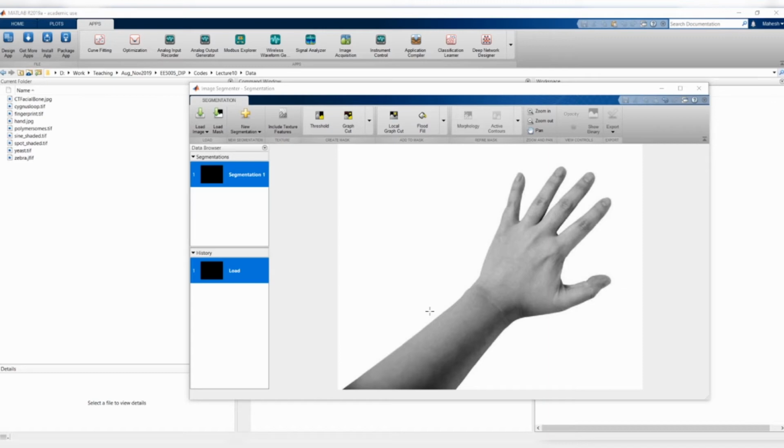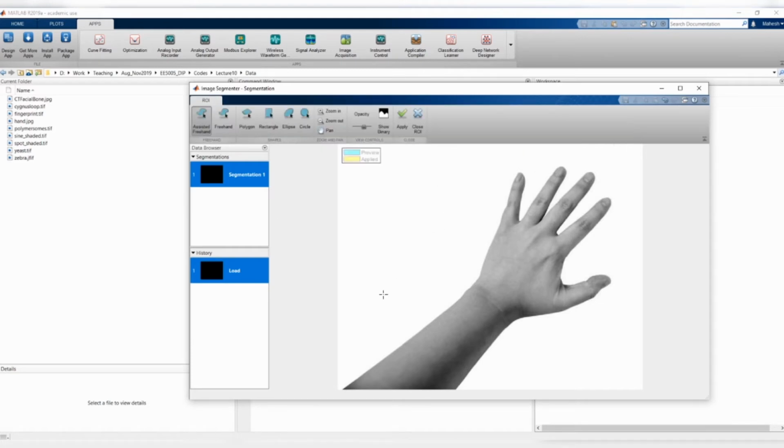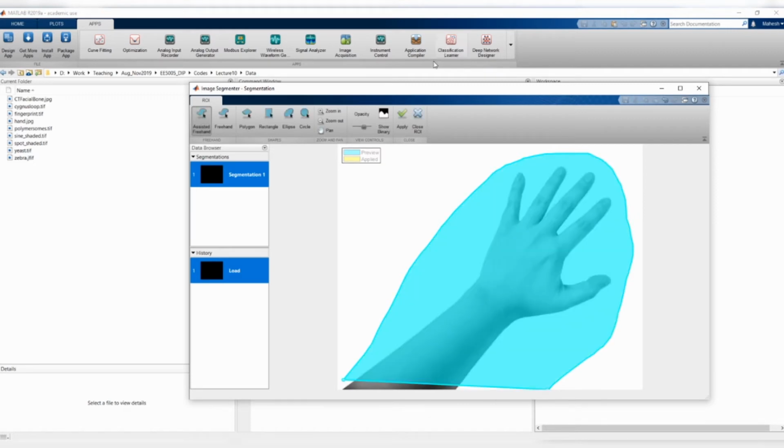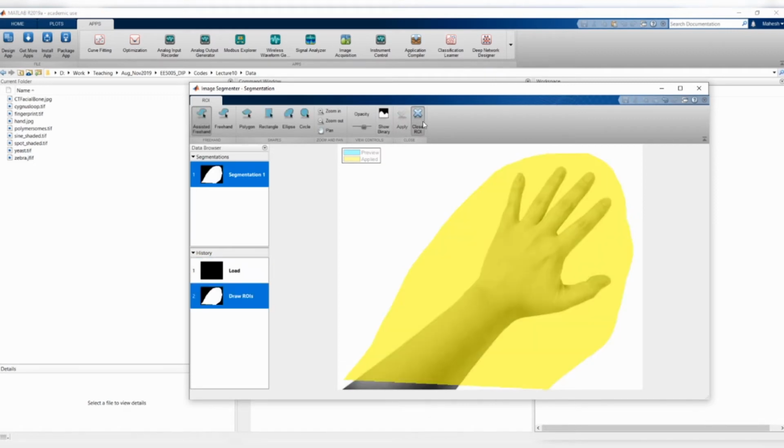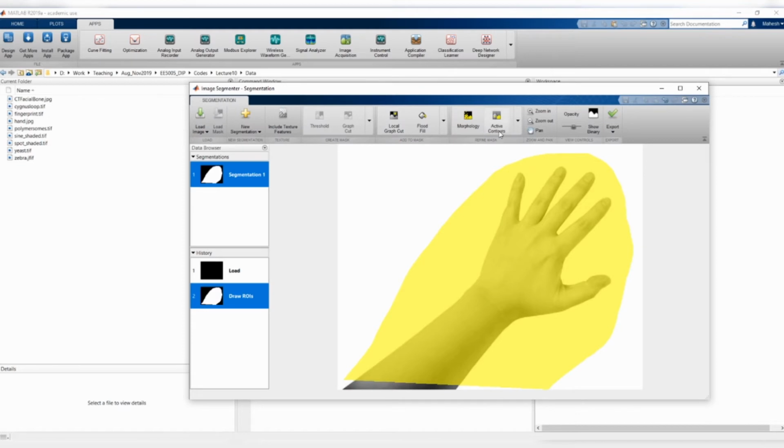And what we need to do is first mark an ROI, some region of interest. So I'm going to do that here. Let me draw ROIs. There's an option, you can use assisted freehand, it doesn't matter. Let me draw something like this. Okay, so that's it. Now let me apply it and then close it. And now active contours will be enabled for you.